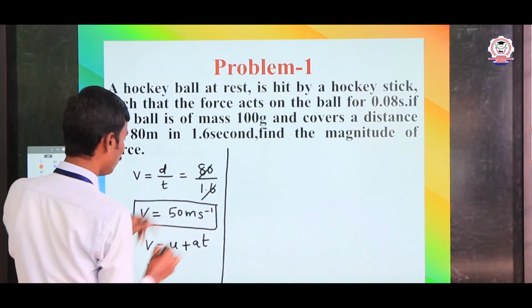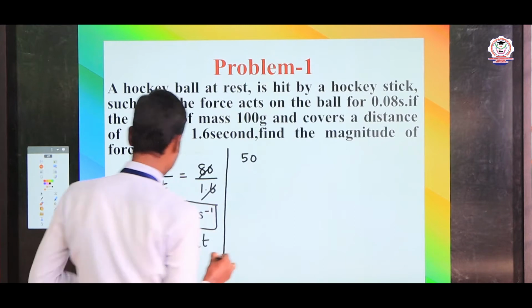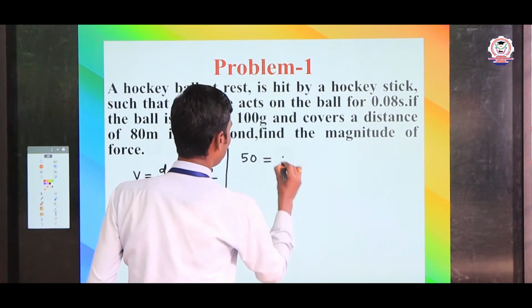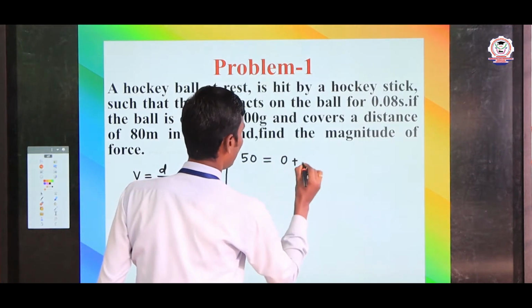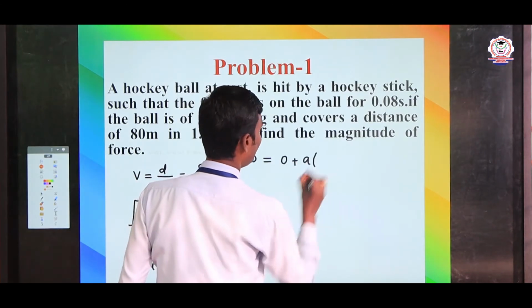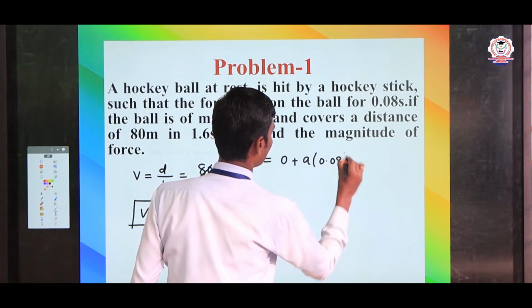v equal to 50, equal to u, the initial velocity, which is 0, plus a into t, where t is 0.08 second.